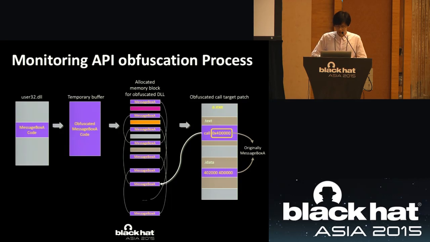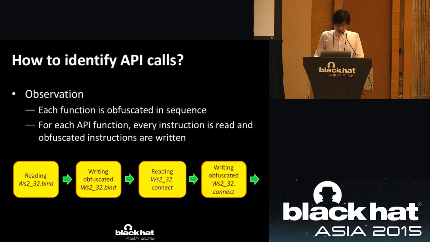In this picture, 40.0.1000 originally belongs to what function? To identify functions, I observed that each function is obfuscated in sequence, and for each API function, every instruction is read and obfuscated instructions are written.